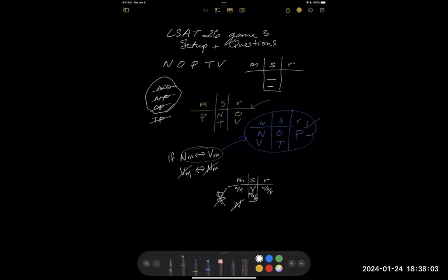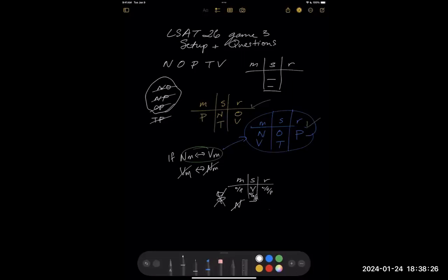Okay. T is left over, and the only player that T can't join would be P. Okay. So what can't happen out of these options here?